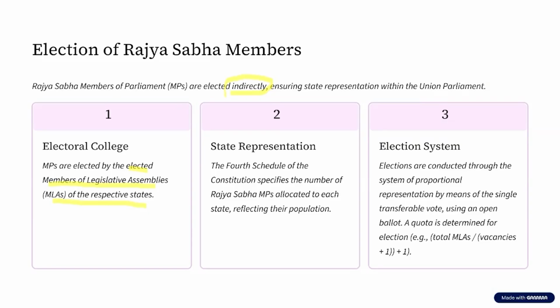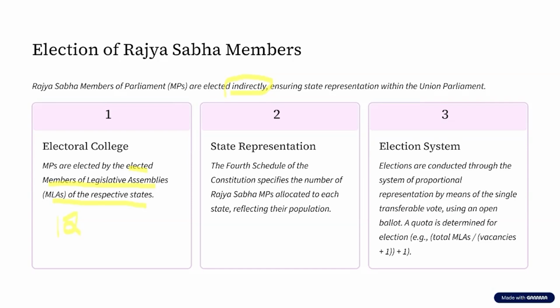Now, let us continue with the example of Karnataka. Karnataka in total elects 224 MLAs. These 224 MLAs elect 12 Rajya Sabha members from Karnataka. How are they elected? I will come to it.